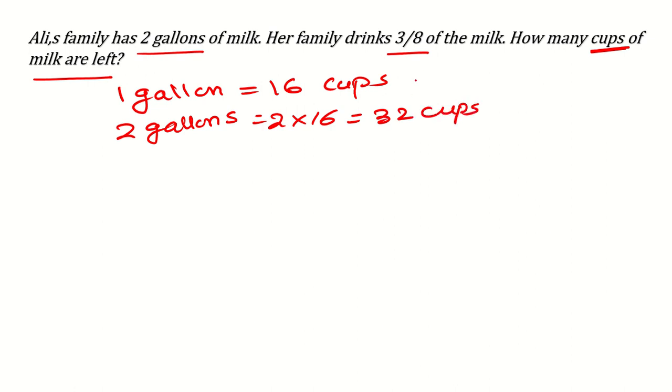Now he has used 3 over 8 of the milk, which means 32 multiplied by 3 over 8. You see 32 is up and 8 is down, so you can divide it. 32 divided by 8 is 4, and 4 times 3 means 12. So 12 cups they have used.